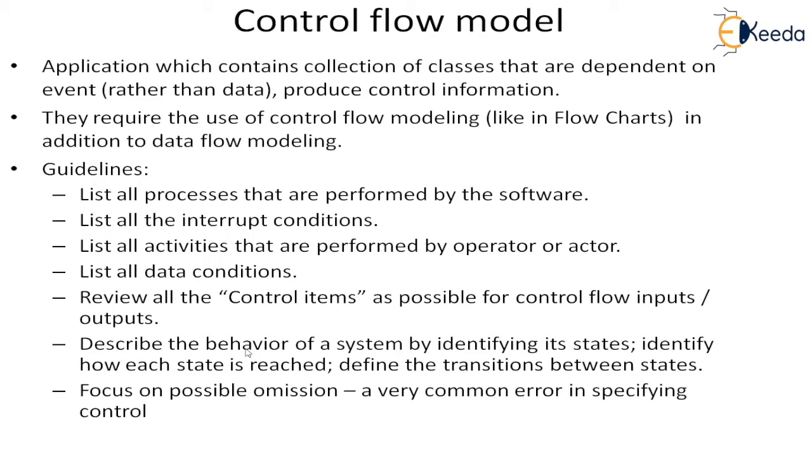That is what is modeled in the control flow. So the guideline is telling us to describe the behavior of a system by identifying its states, identifying how each state is reached through a trigger, and defining the transitions between the states. Focus on possible omissions, a very common error in specifying control. Whenever we do the control, it is possible that we will omit something, so we have to be very careful about that.